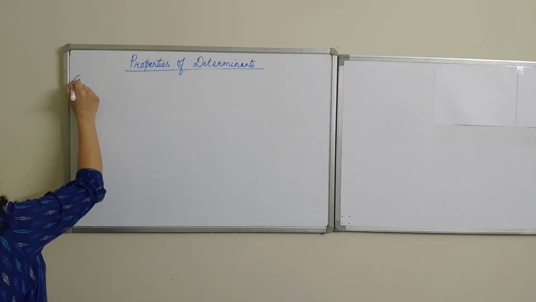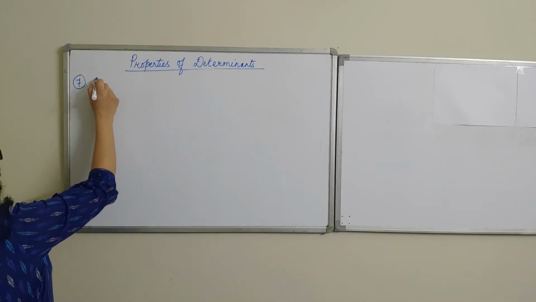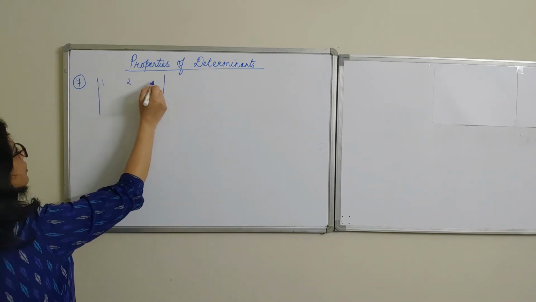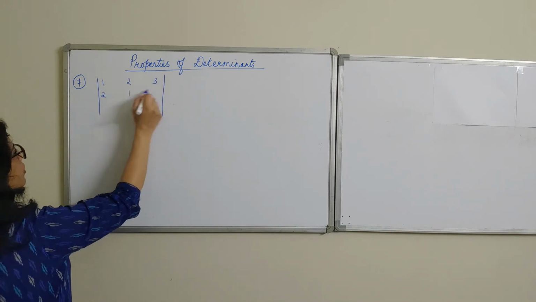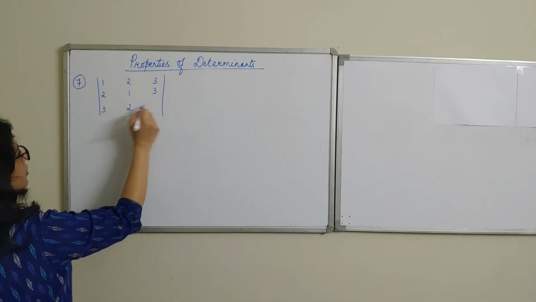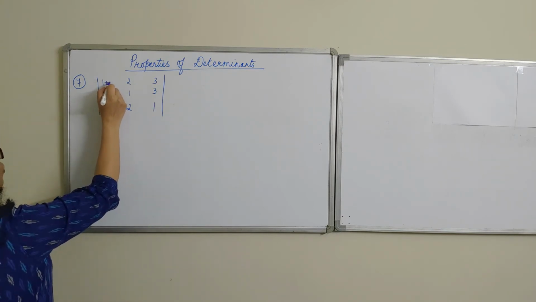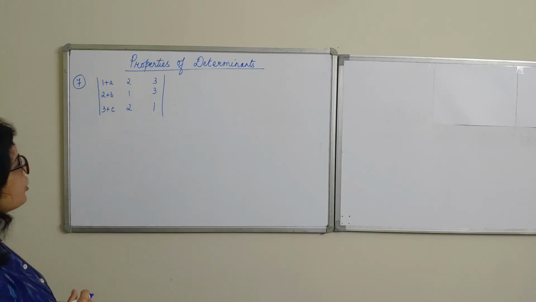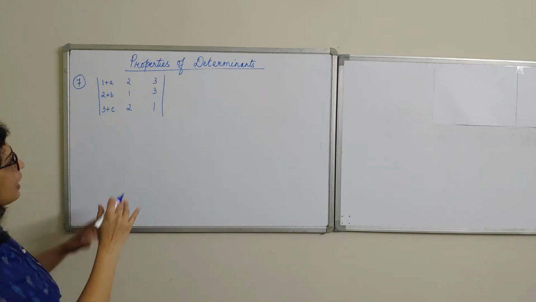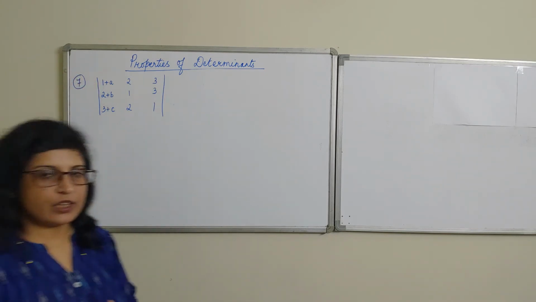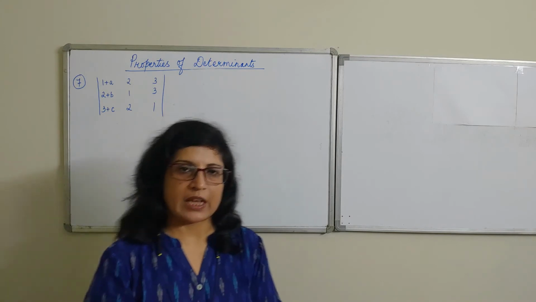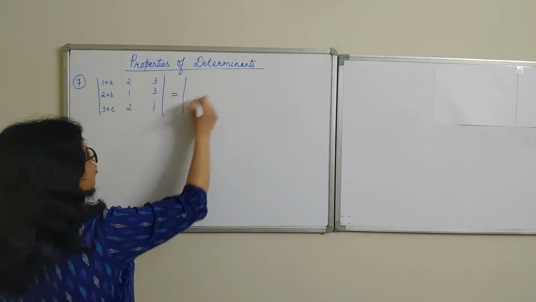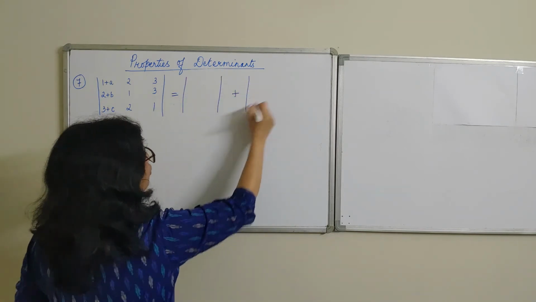The last property is, if we have a determinant this way, the same determinant that we have taken, and suppose the elements of the first column have been changed. So if it so happens that any column or any row has elements which are expressed as sum of 2 or more terms, in that case the determinant can be expressed as sum of 2 determinants.